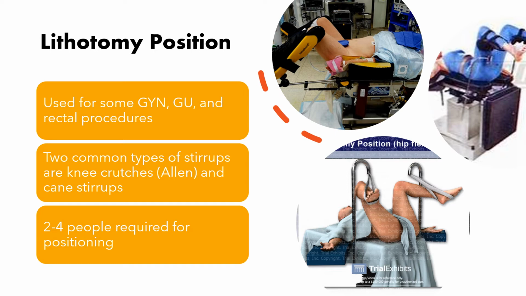So when we are positioning a patient in lithotomy, it is a type of modified supine, all right? We're going to first put the patient into supine, and then we're going to get them into the lithotomy position. Now, it's best if we have 2 to 4 people helping us with this position.